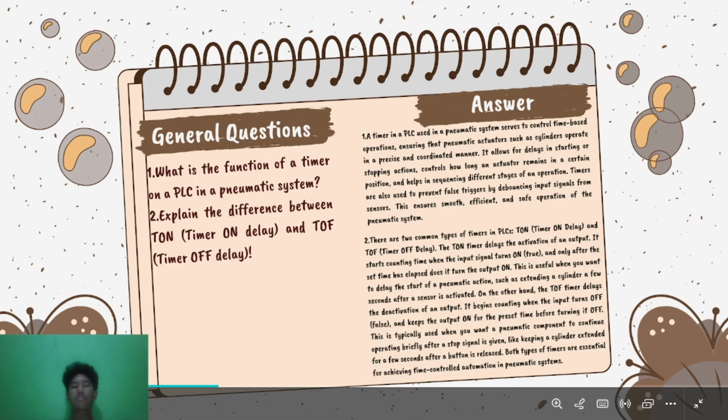We continue to number two. Explain the difference between TON and TOF. There are two common types of timers in PLC, TON and TOF. The TON timer delays the activation of an output.